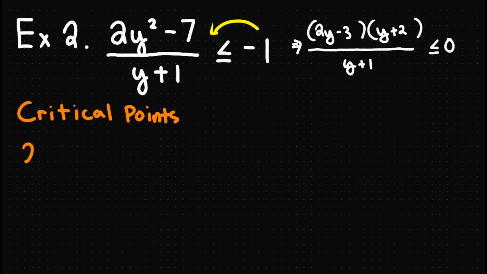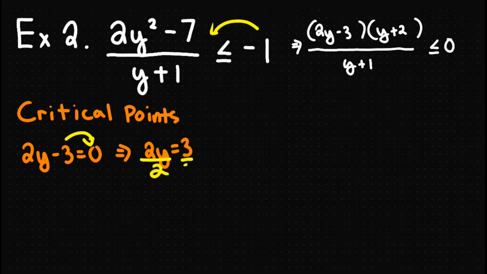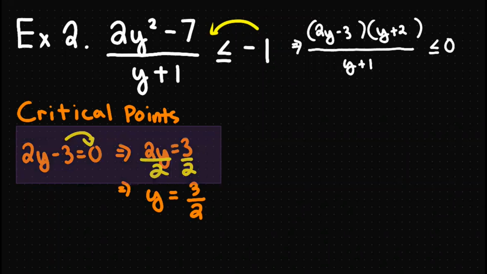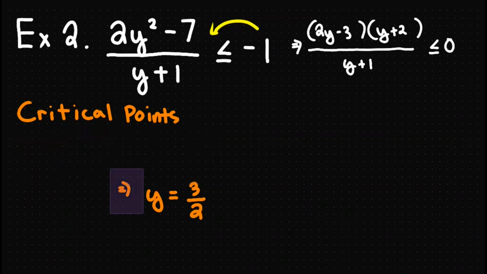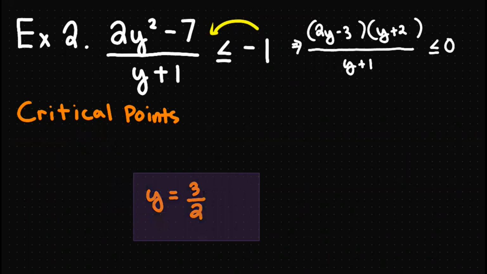So we'll have 2y minus 3 equals 0. Move negative 3 to the right, we obtain 2y equals 3. Then divide both sides by 2, and we obtain y equals 3 over 2. So that is our first critical point.